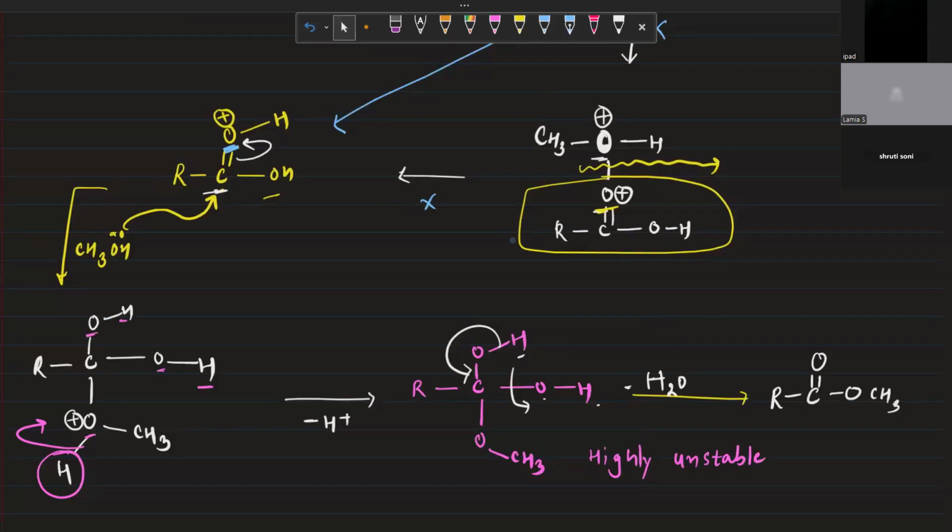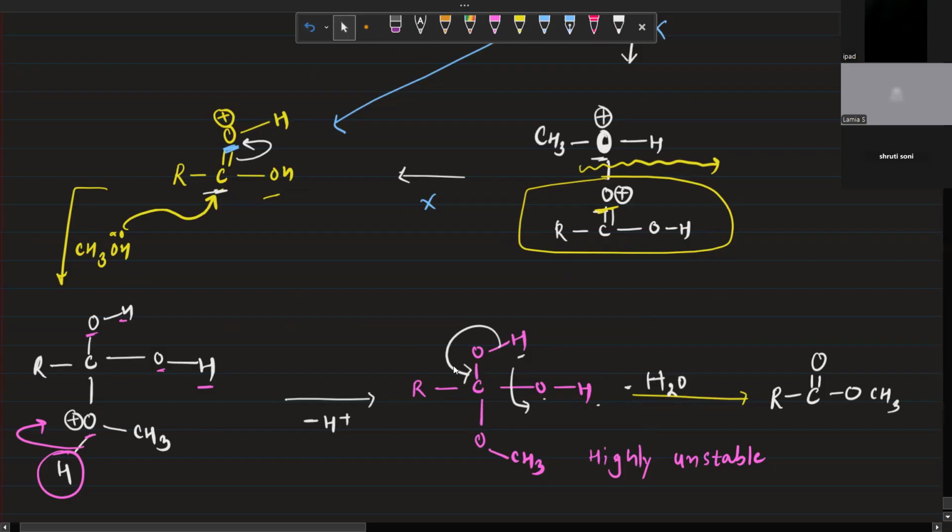Then the electrons get shifted to the oxygen, which makes it more stable. But then the oxygen that the alcohol donated becomes part of the structure, but it is less stable.